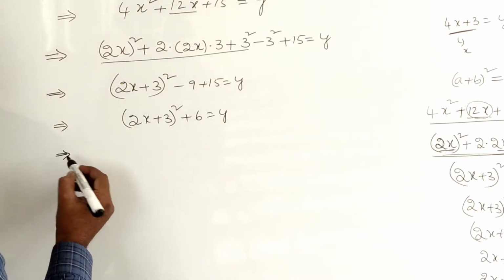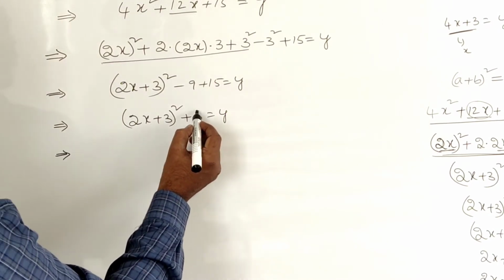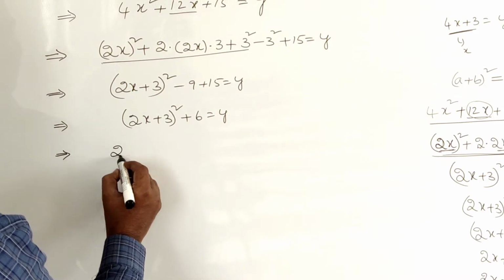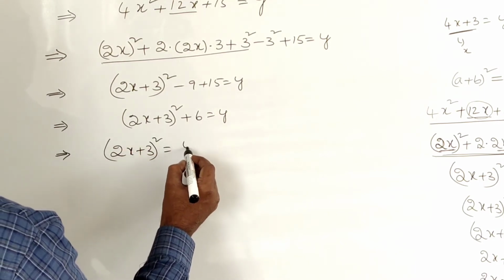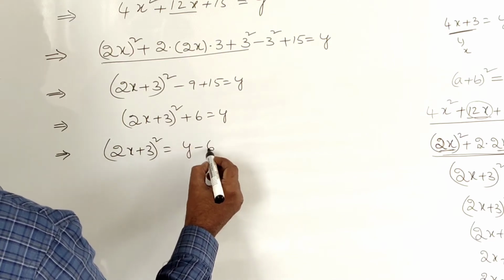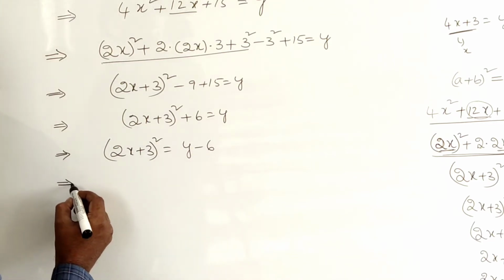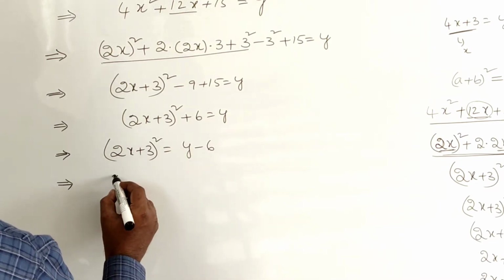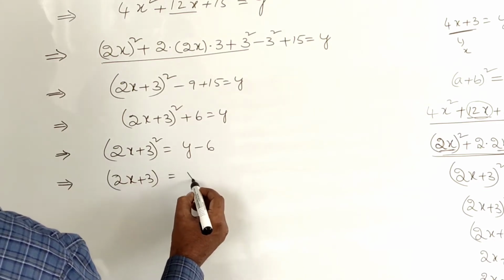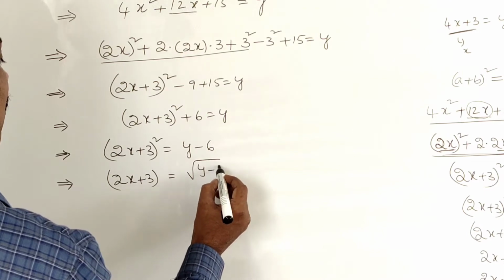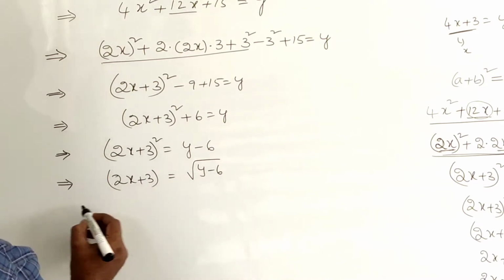What is your aim? To make x the subject. So one term you are bringing to the right side. So (2x plus 3) whole square is equal to y. This plus 6 changes to the right side as minus 6. After that this square also we have to move to the right side. Square becomes square root. After that we don't want this 3 also.